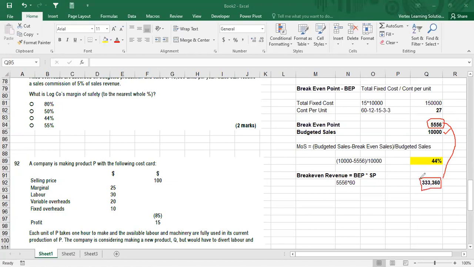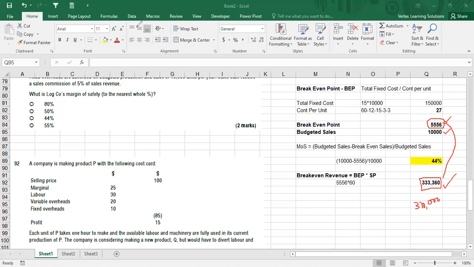This is called my break-even revenue. If my sales team comes and tells me that they are going to make sales of $310,000, it means that we will be making a loss. So I am looking at my target that minimum I should be making $333,000 in sales, or I should be selling 5,556 units in order to break even.